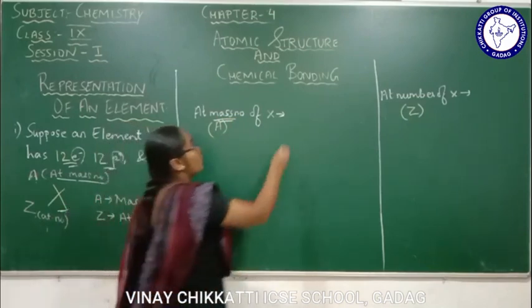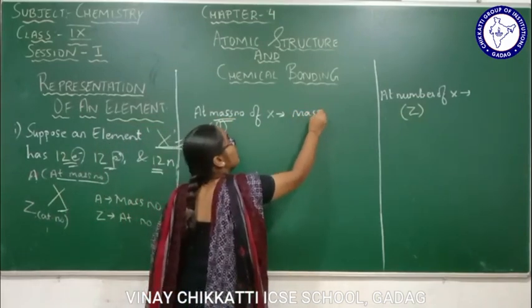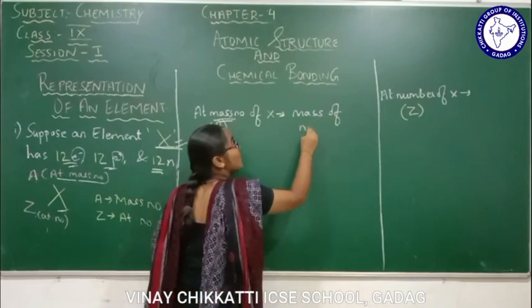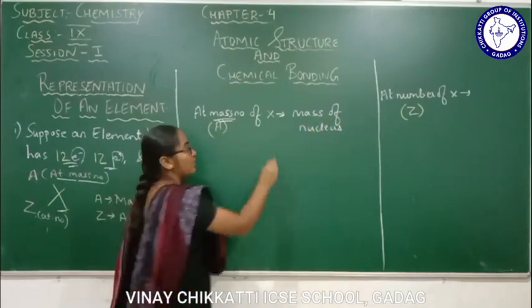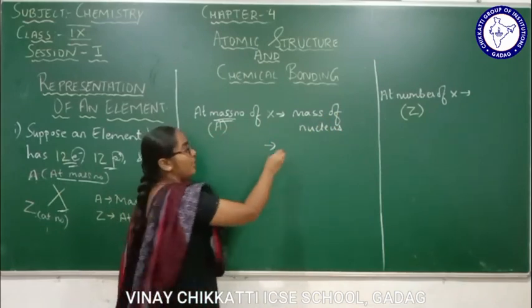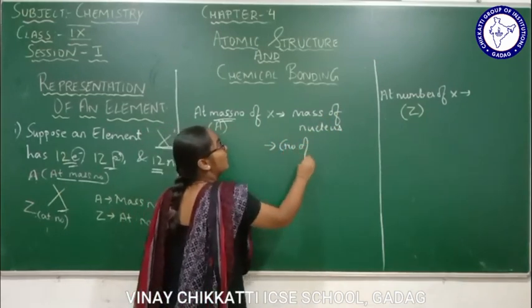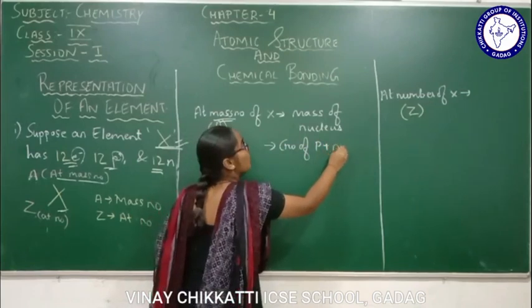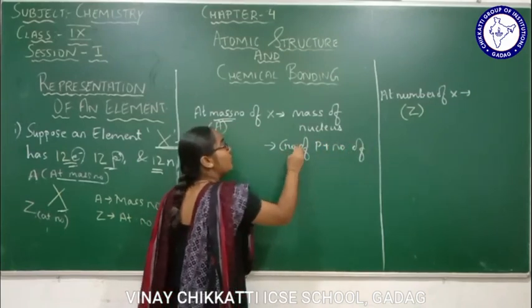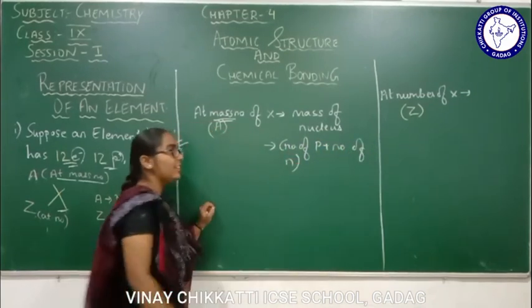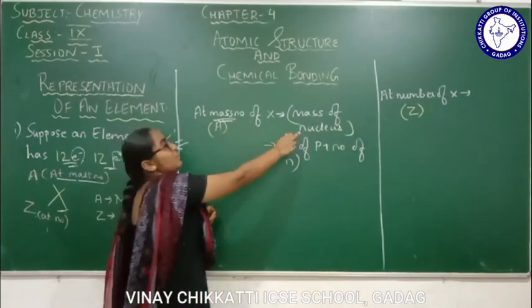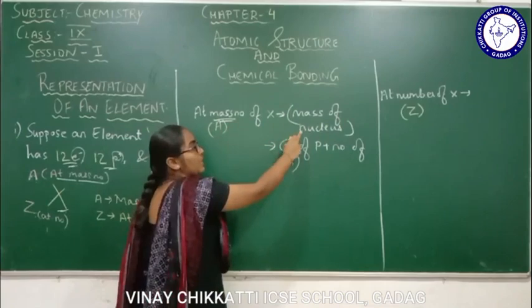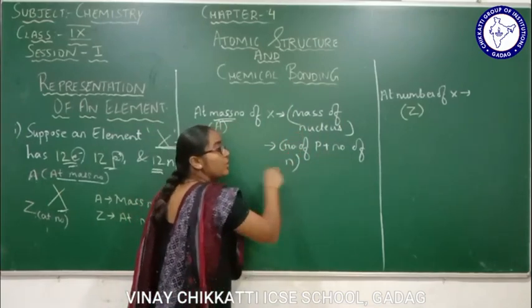Mass of the atom is nothing but mass of the nucleus. And mass of the nucleus means what? Inside the nucleus what is there? Number of protons plus number of neutrons, right? So inside the nucleus there are protons and neutrons.